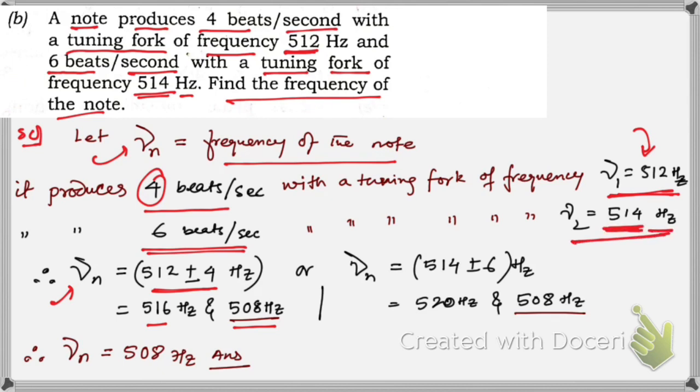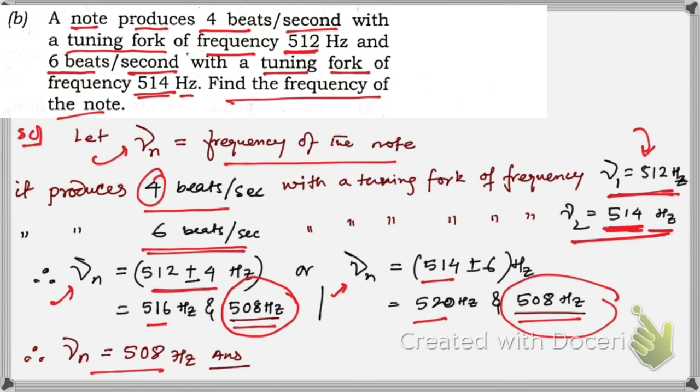So the possible frequency of the note must be 514 plus 6 or minus 6: 514 plus 6 is 520 hertz, and 514 minus 6 is 508 hertz. Here we have got this frequency in both cases, so the frequency of the note must be 508 hertz. Hope you have understood this. Now let's move on to the next question.